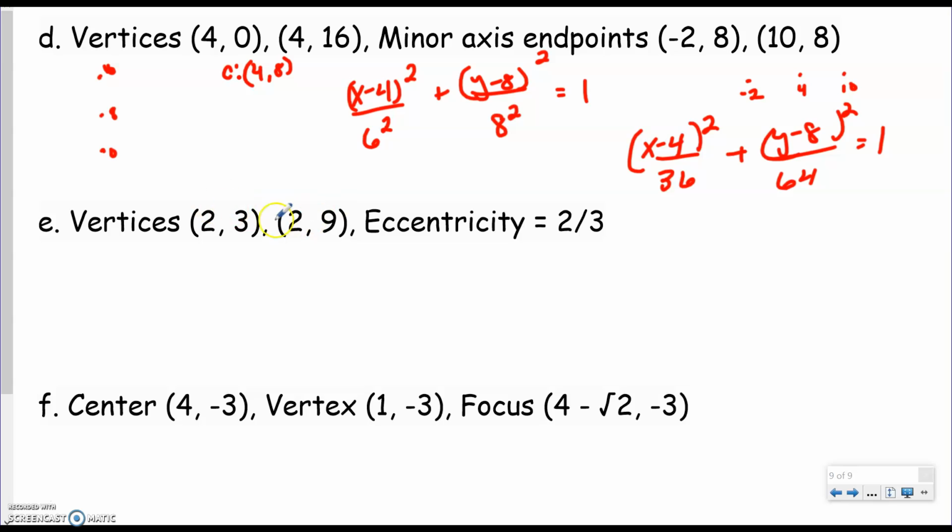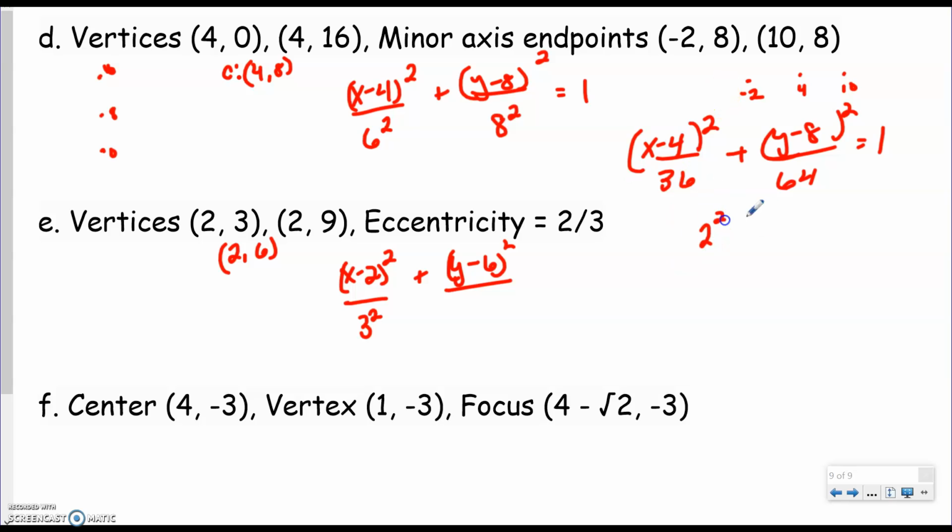Last thing you need to know, again, midpoint here, halfway between 3 and 9 is 6. Okay, and we're going sideways this time. So my center is x minus 2 quantity squared, y minus 6 quantity squared. Okay, the distance from 3 to 6 is 3. So 3 squared there. And then remember, this is your c.